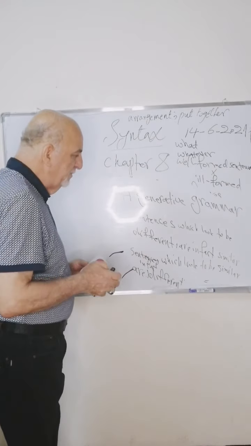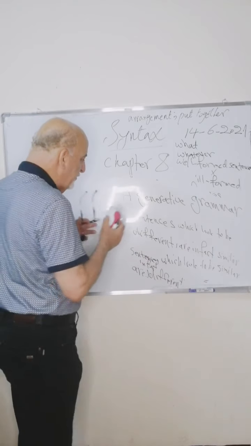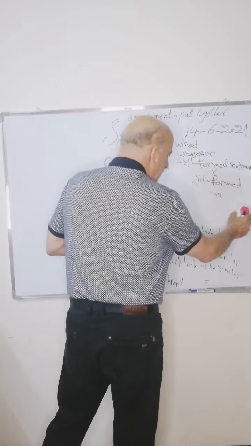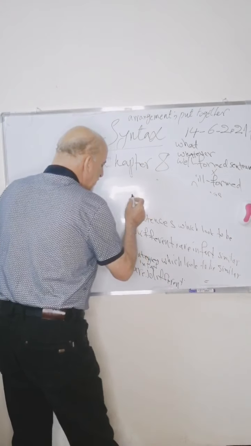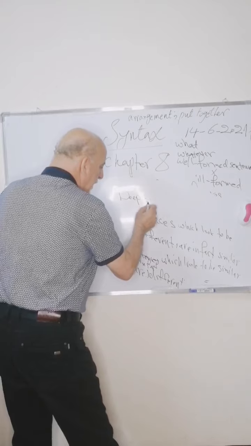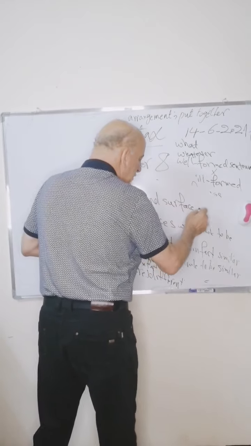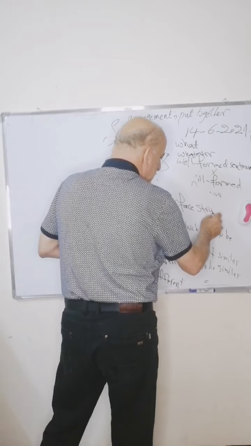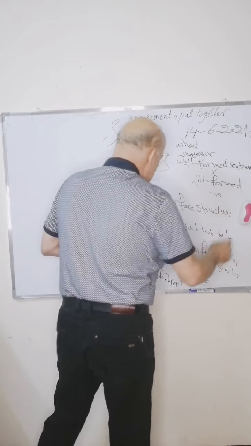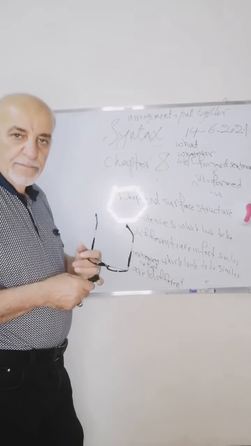This leads us, from generative grammar, to move to what we call deep and surface structure. Deep and surface structure.